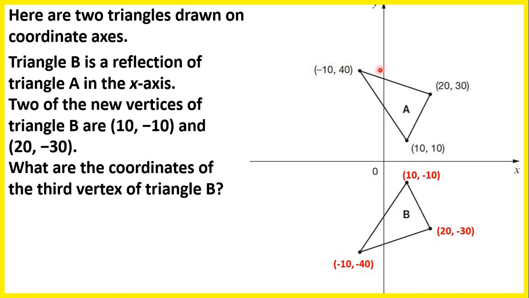So for this point, we have a y-coordinate of 40, so 40 more than 0, but because we're reflecting the triangle in the x-axis, the y-coordinate of this point here will be 40 below 0, so that's (-10, -40) as the coordinates of the third vertex of triangle B.